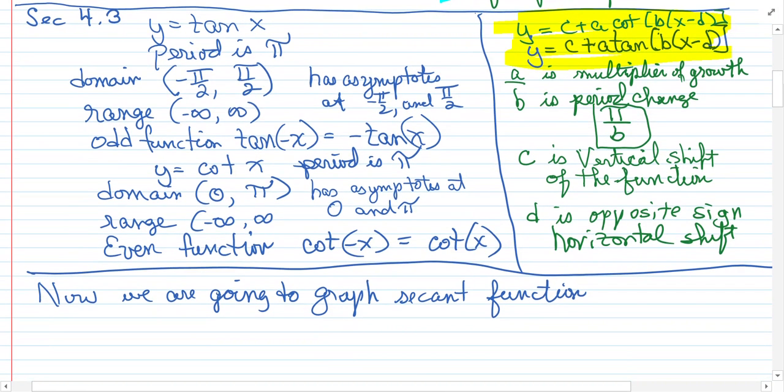It was pretty involved. Now in 4.3, we learned about tan x having a period of pi, and the domain is in parentheses because we're talking asymptotes at the endpoints of each period. And that's repeated over and over. It was an odd function, so the range is -infinity to infinity, because those are the ratios of y over x.